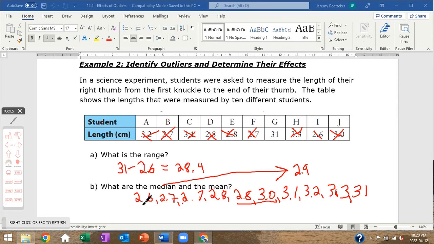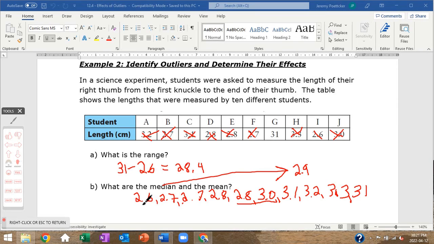So let's do that real quick. 2.6 plus 2.7 plus 2.7 plus 2.8 plus 2.8 plus 3.0 plus 3.1 plus 3.2 plus 3.3 plus 31 equals 57.2.